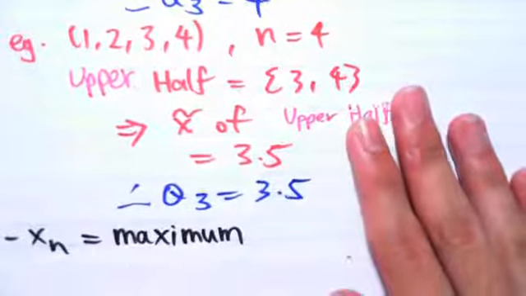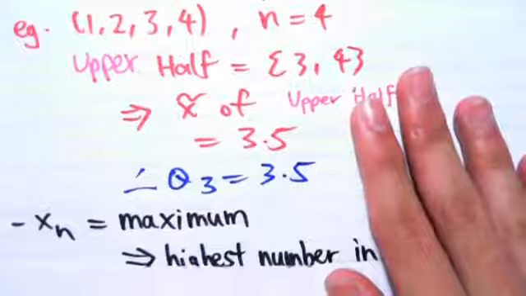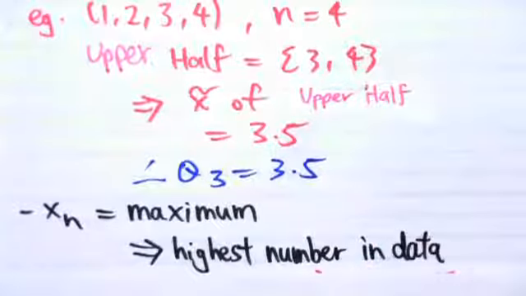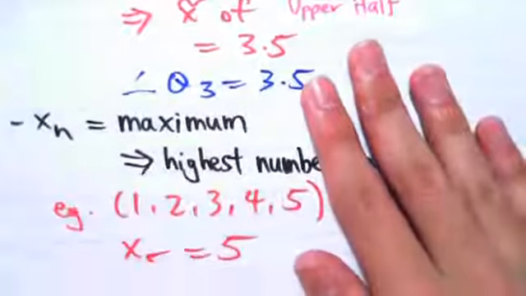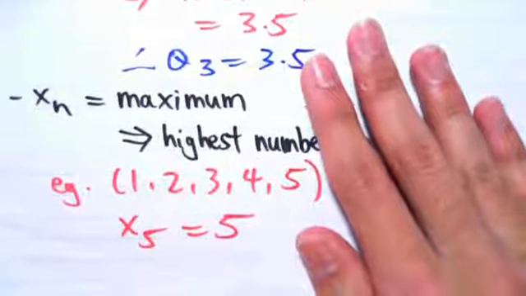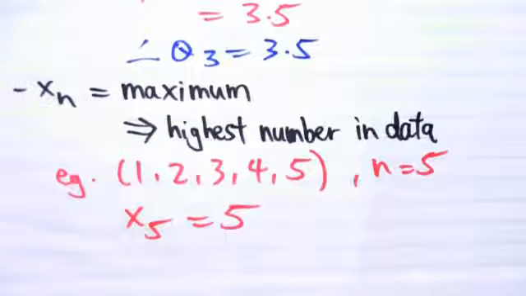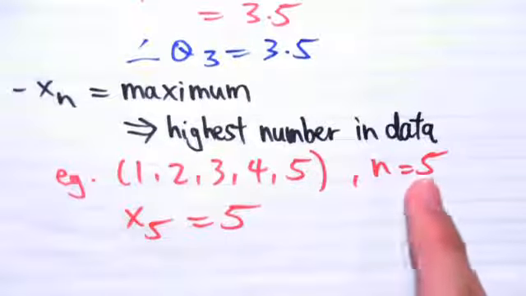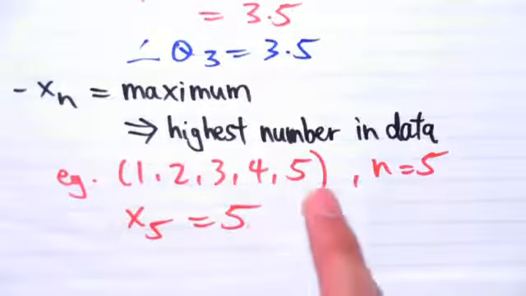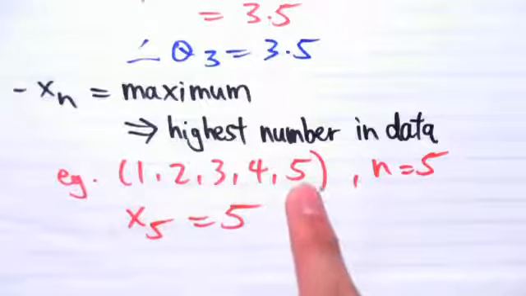The next number we're going to go through is called the maximum, xn, and that's defined as the highest number in the data. Again, if we went through our data set of 1, 2, 3, 4, 5, with a sample size of 5, the maximum number should be just 5 because this is the highest number in the set.